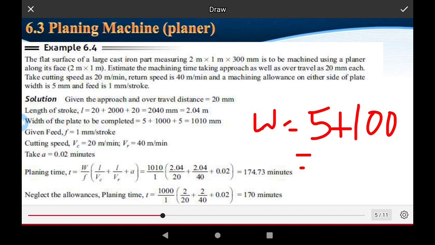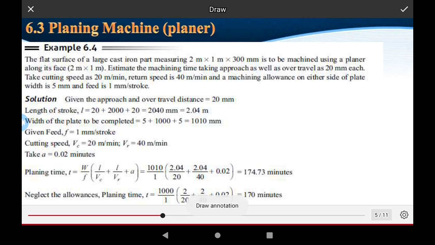The total value is 1010 mm, which converts to 1.01 meters.